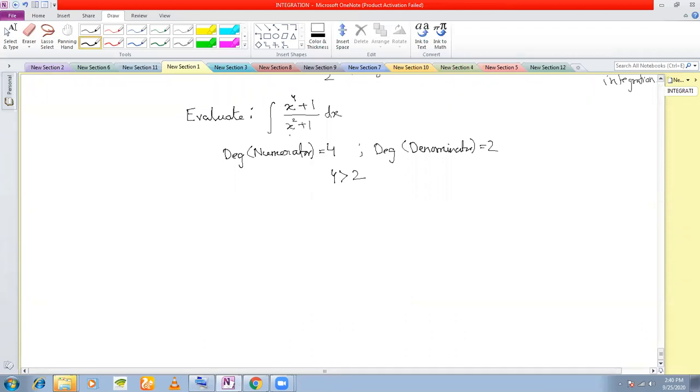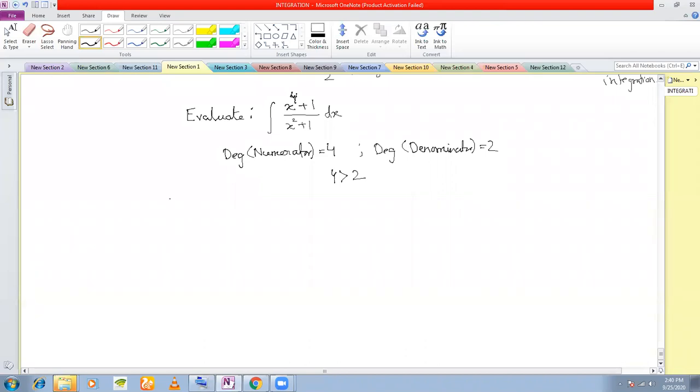In the previous example I discussed, the degree of the numerator was just 1 less than the degree of the denominator, isn't it? But in this case, the degree of the numerator is greater than the degree of the denominator, by 2.